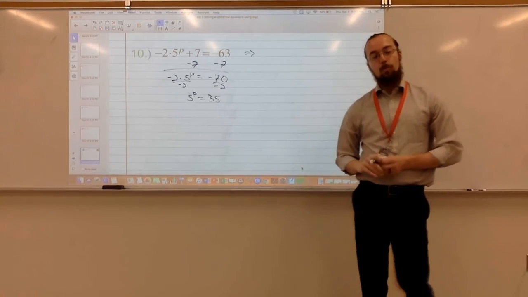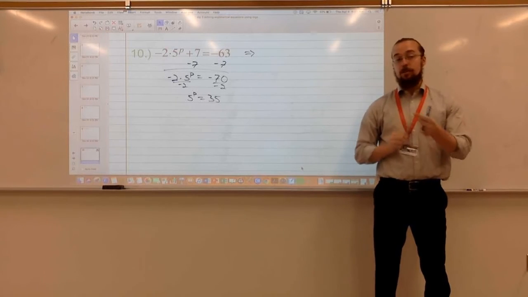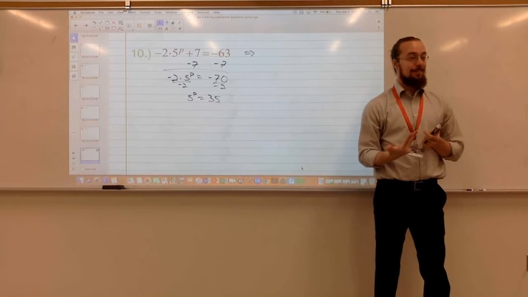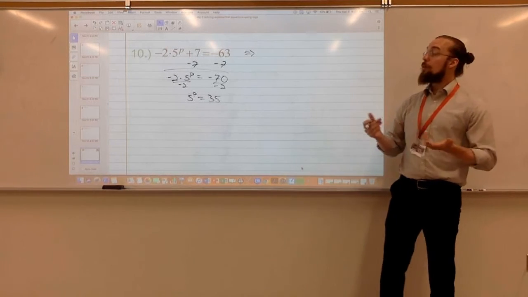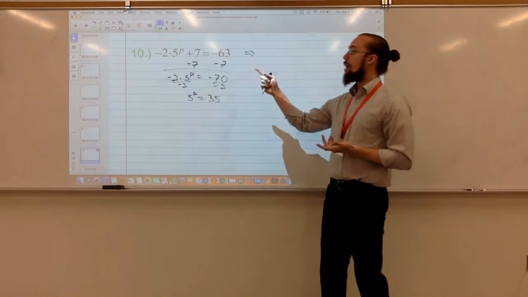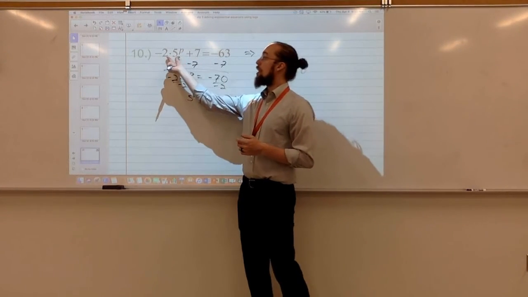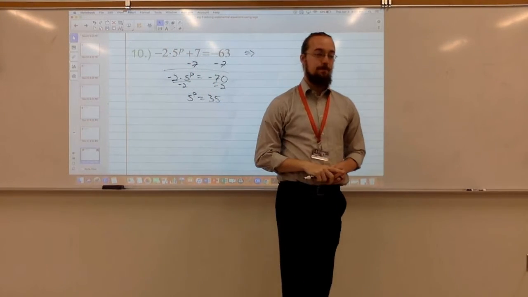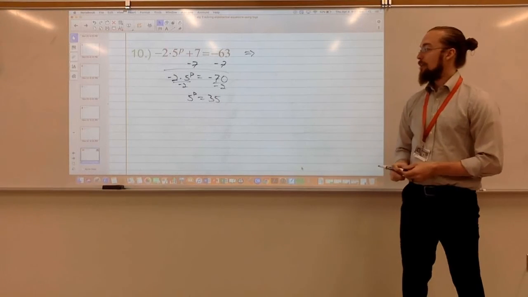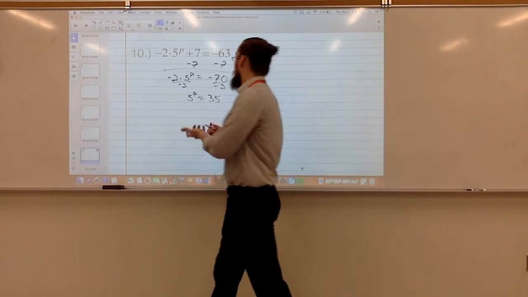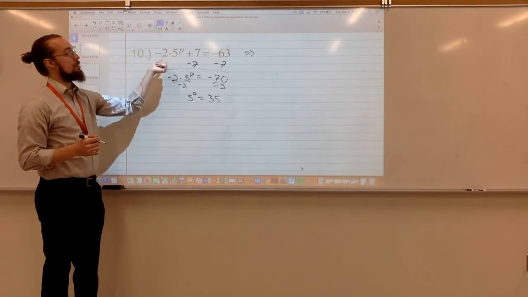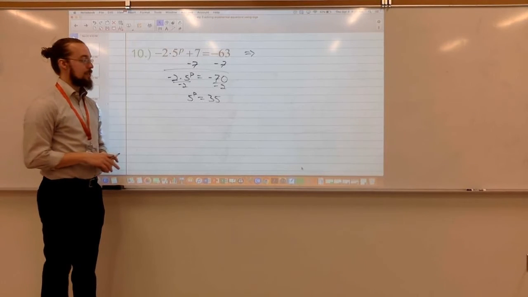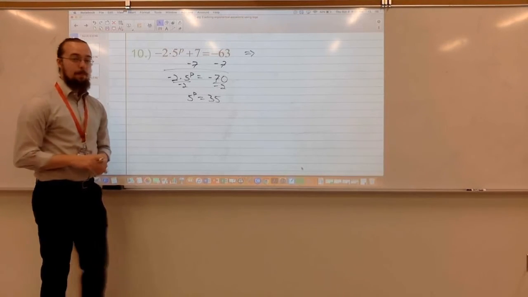When we're undoing things, we actually want to use reverse order of operations. So technically we could divide by negative 2 first, but if I were to do that, I would have to divide both of these things by negative 2 as well, and then subtract that over to the other side.